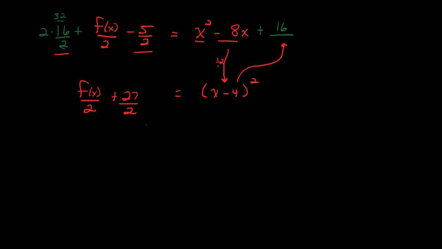Now I will clean this up a little bit. So I'm going to have f of x all over 2 plus 27 all over 2 equals x minus 4 squared.